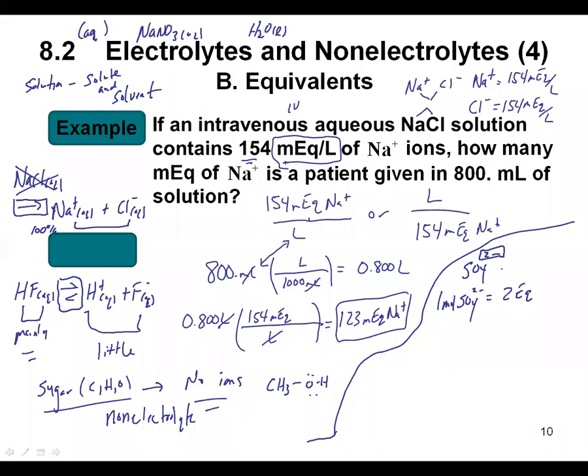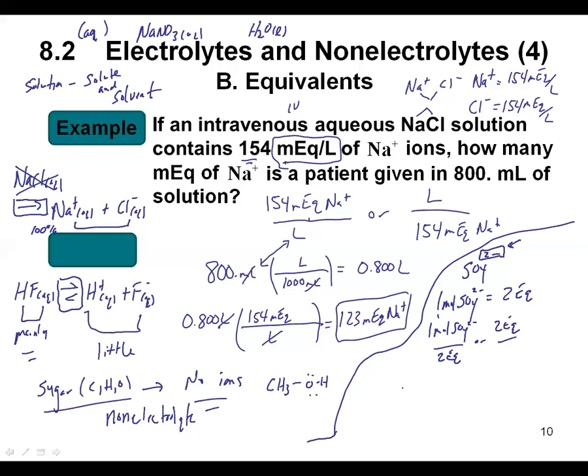And again, that comes from the actual charge, not the positive or negative part of it, but the actual number. And you can use that as a conversion factor like we did in the problem on the screen. 1 mole of sulfate would give you 2 equivalents. Alternatively, 2 equivalents will give you 1 mole of sulfate.